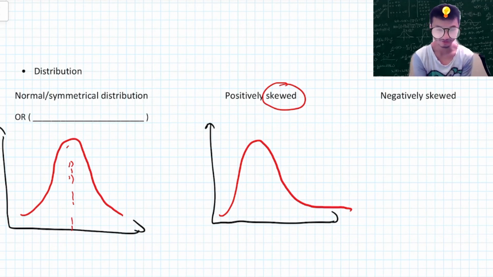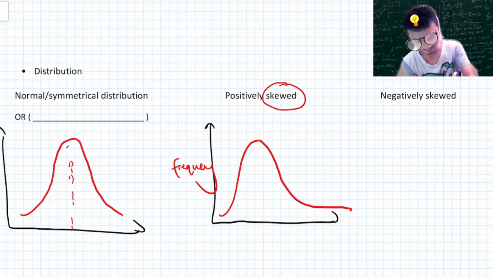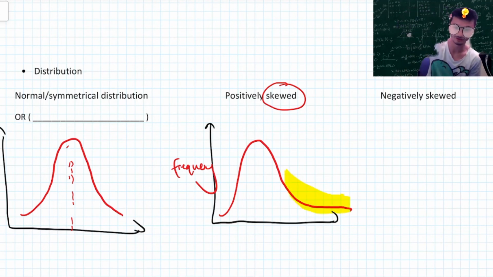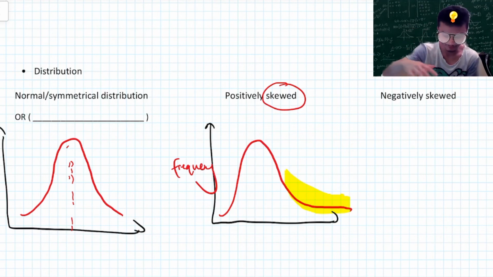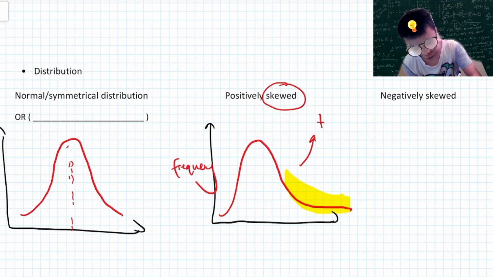The way that it's been shifted is, I want you to think about where the tail end is. Where are the lower frequency amounts? Remember, this represents the frequency. The lower end parts are over here to the right side. If the frequency is the height, then if it's lower, it's going to be less frequent. And that's what we call the tail of a distribution.